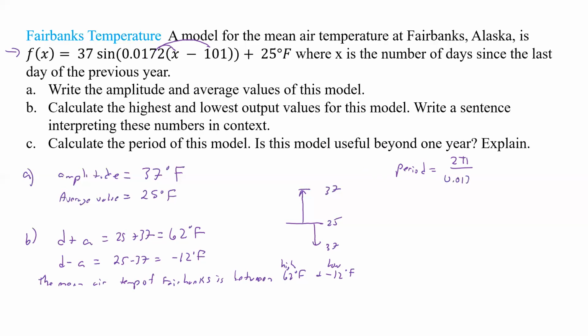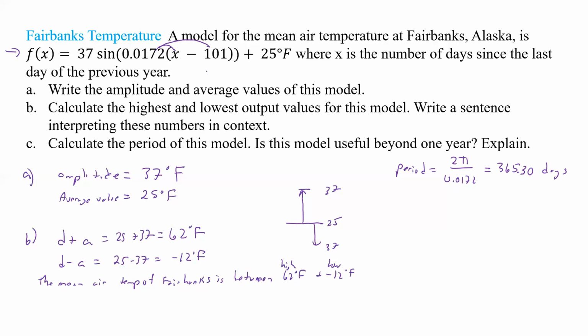Yeah, 0.0172. And so if we plug that into our calculator, 2 pi divided by 0.0172, and that's 365.30, sorry. Okay, and that's going to be days. Okay, so that's the period.